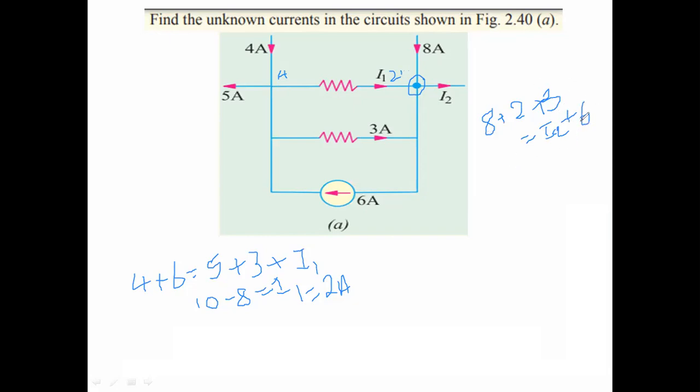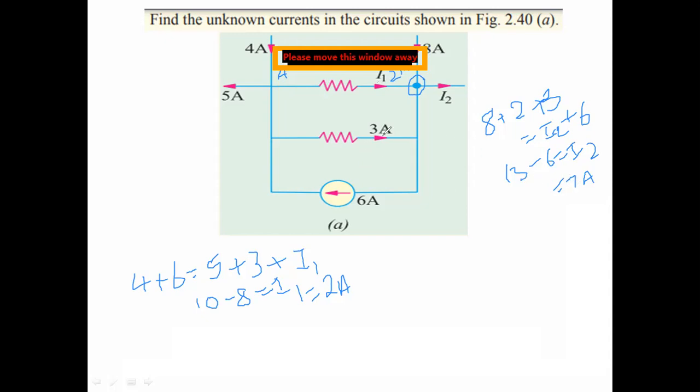So 13 minus 6 is 7. That is I2, so I2 is 7 amperes. I1 is 2 amperes and I2 is 7 amperes.